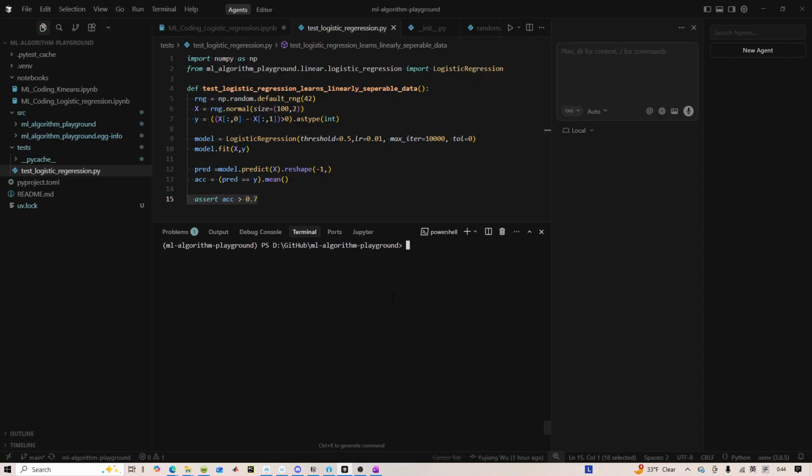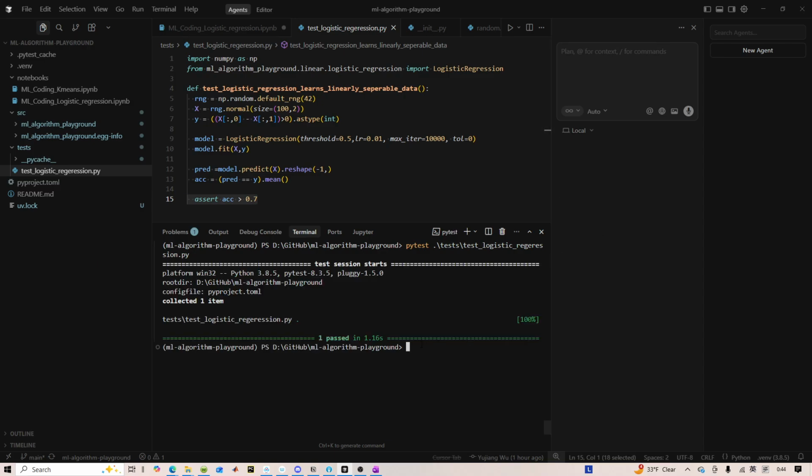This is a PyTest. Essentially, if I run PyTest on test logistic regression.py, we can see that the test passed because our accuracy is larger than 0.7.